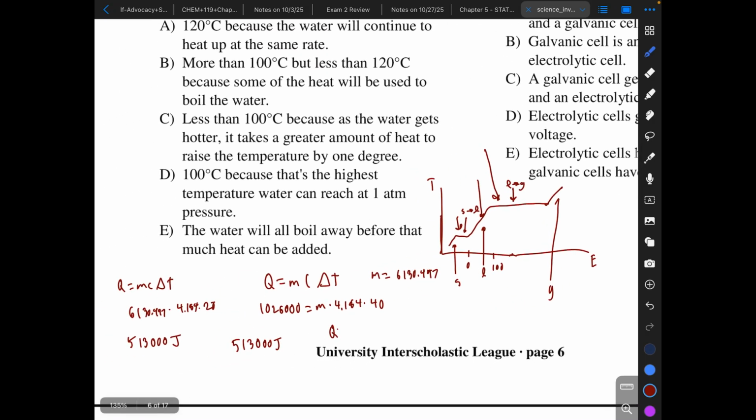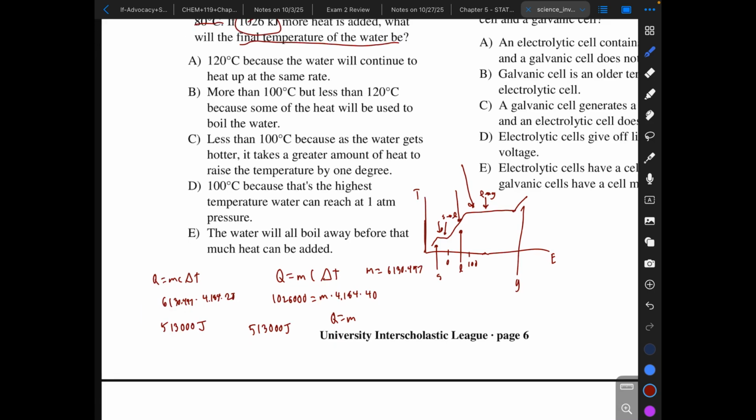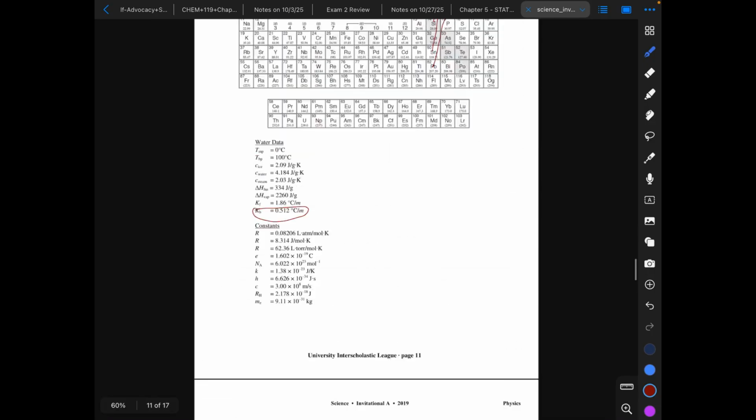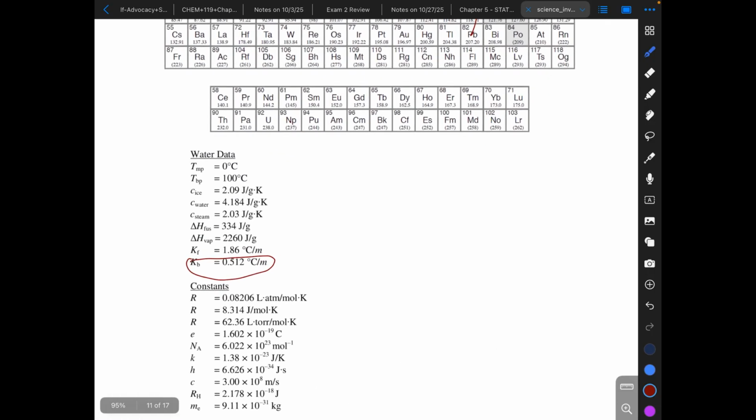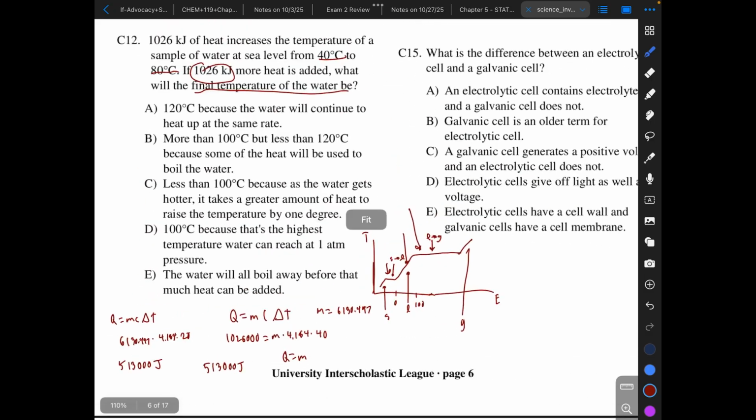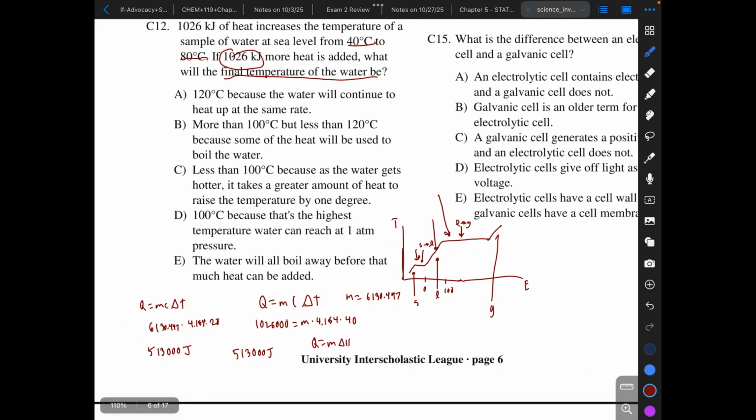It's simply the mass times the heat of vaporization. In this case, it's 2,260. So again, 6,130.497 times 2,260.